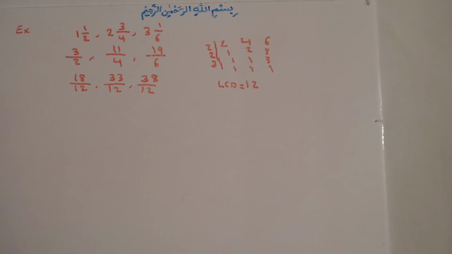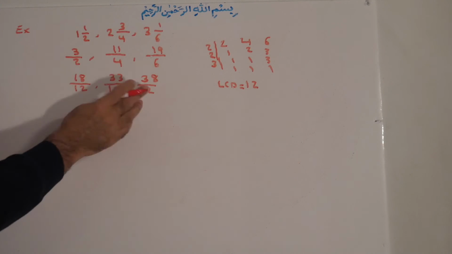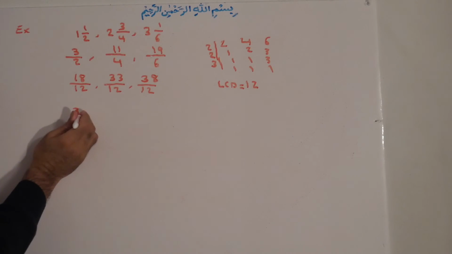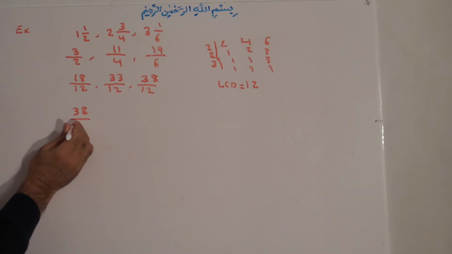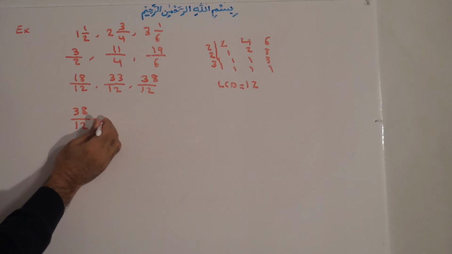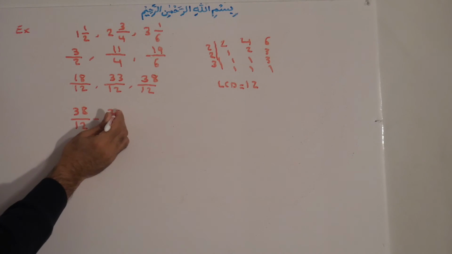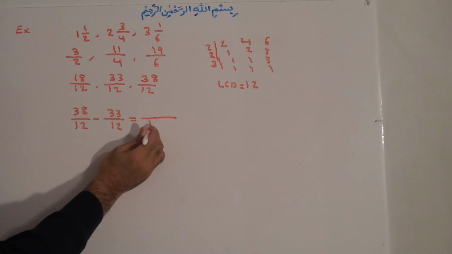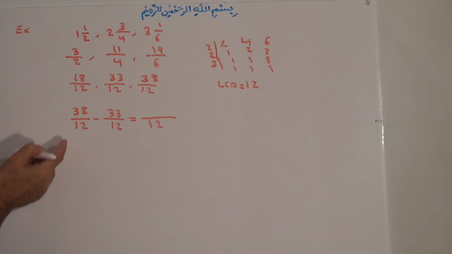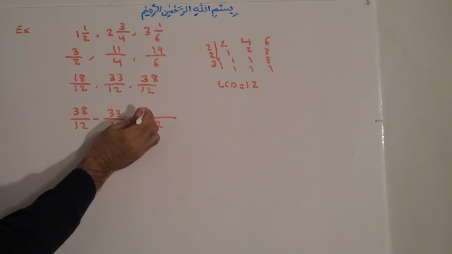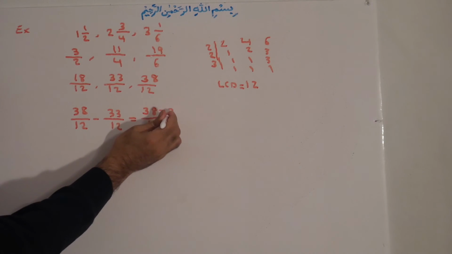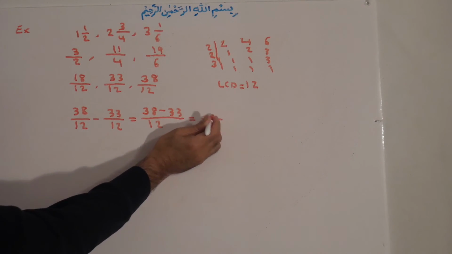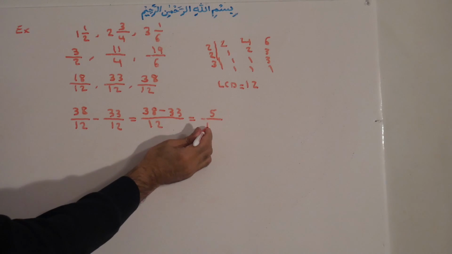Now we subtract one of these from the largest one. The largest one is 38 over 12 minus, for example, 33 over 12. Now we see that the denominator is 12. 38 minus 33, that is equal to 8 minus 3 is 5, 5 over 12.